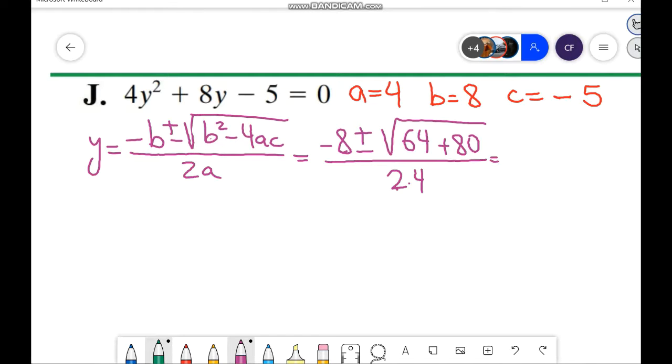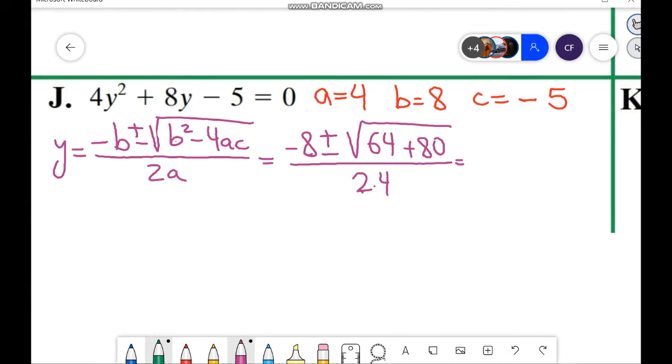This equals negative 8 plus or minus the square root of 64 plus 80, this is 144, and the square root of 144 is 12. You can check in your calculator, okay? 12 over 8. We will find two different solutions.